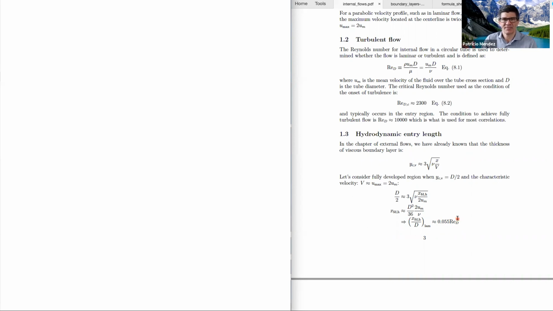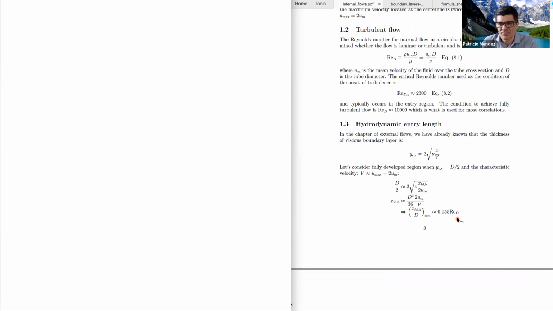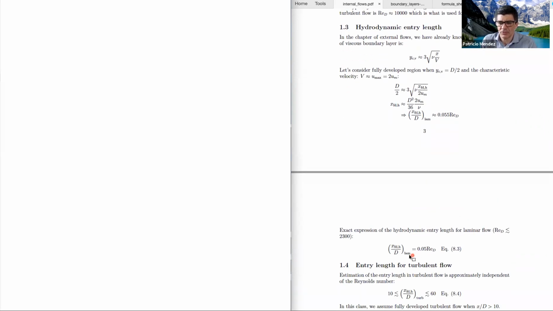We did this together. You want to see what the book says? The book gives you, without any explanation, it just says, the word of God is 0.05, but we did it together, 0.055.